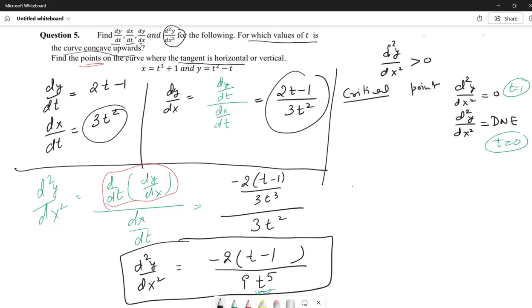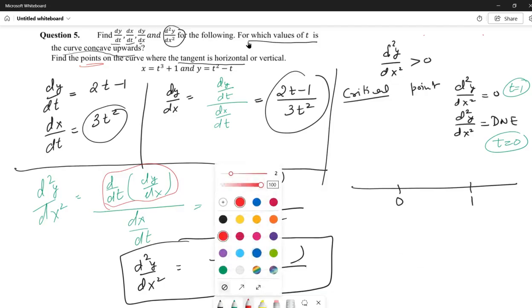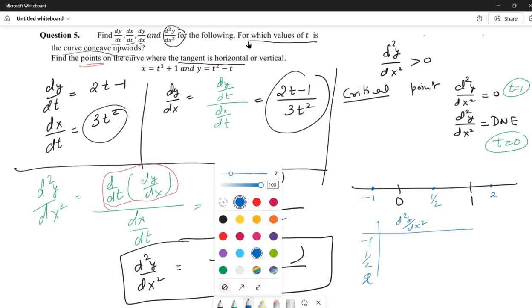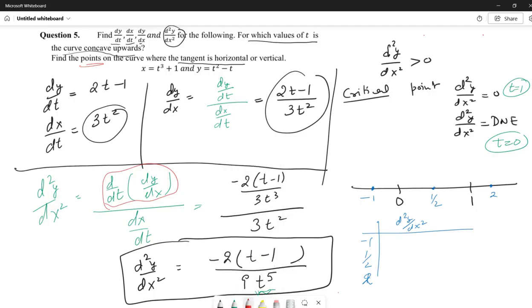So you draw a number line, you mark your two critical points, and you find your test points. So let's say negative 1, half, and 2. You find the value of the second derivative at these test points. I don't want you to figure out the whole value. You just need to tell me the sign.